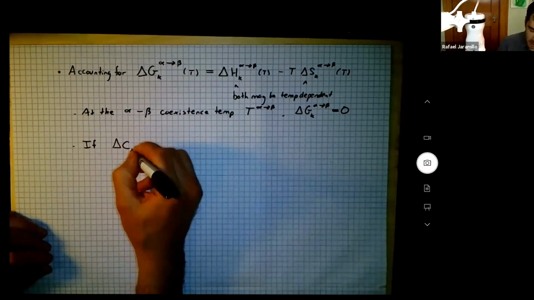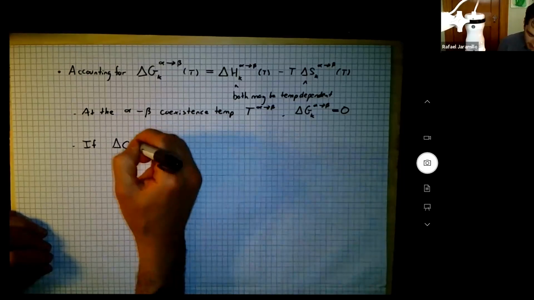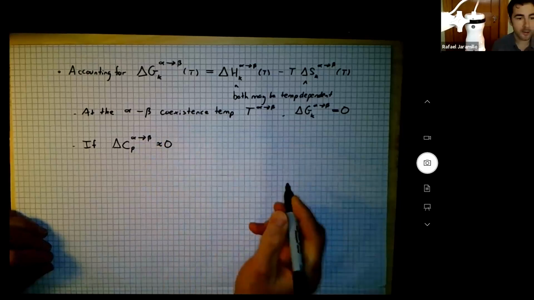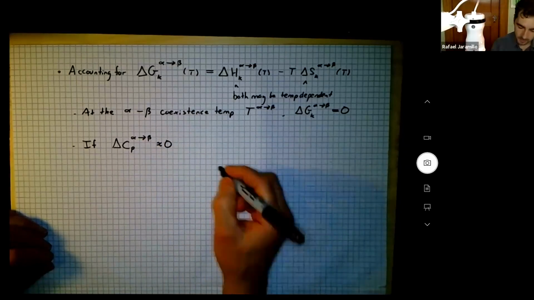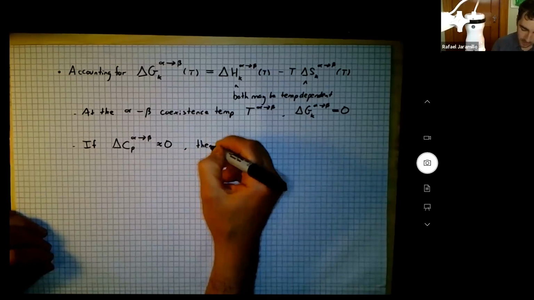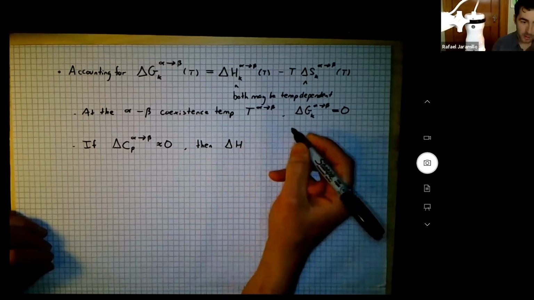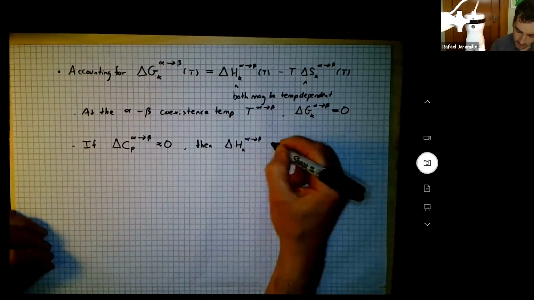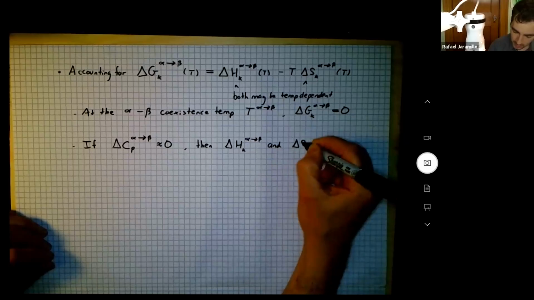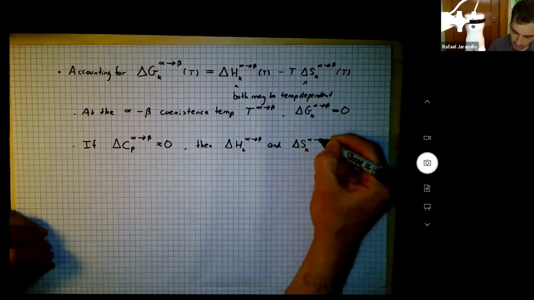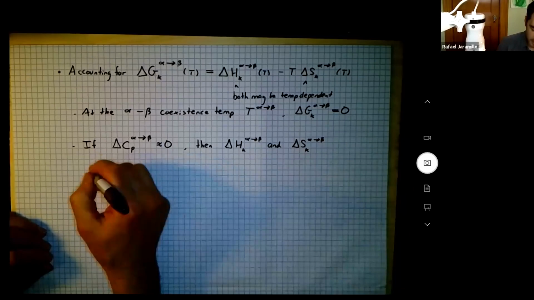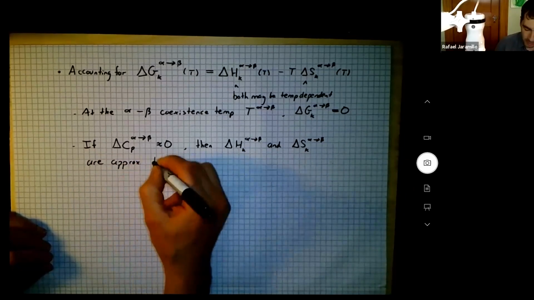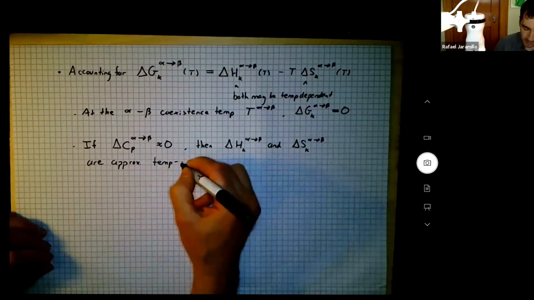If the transformation heat capacity, that is the difference in heat capacity between the two phases, can be ignored, then delta H and delta S are approximately temp independent.